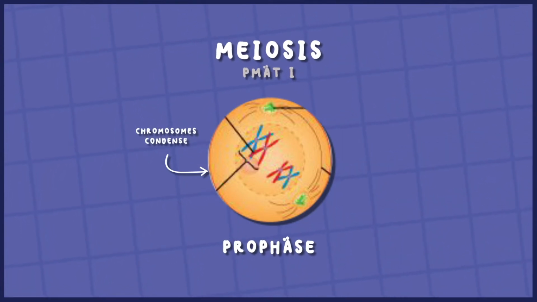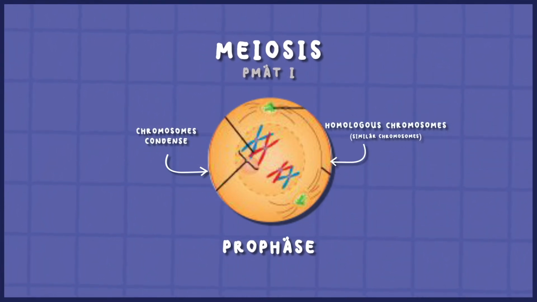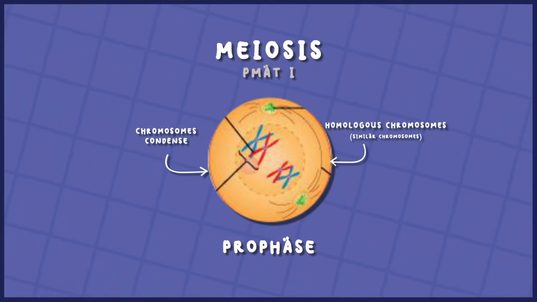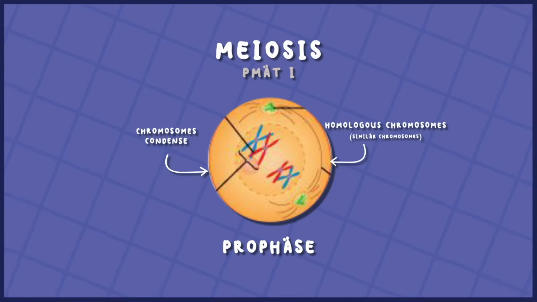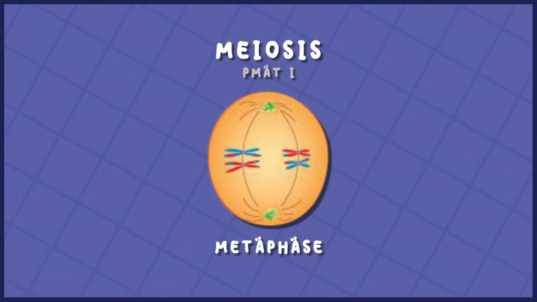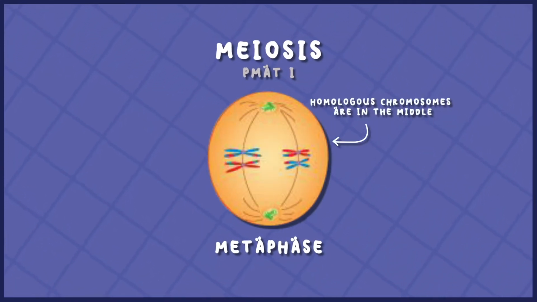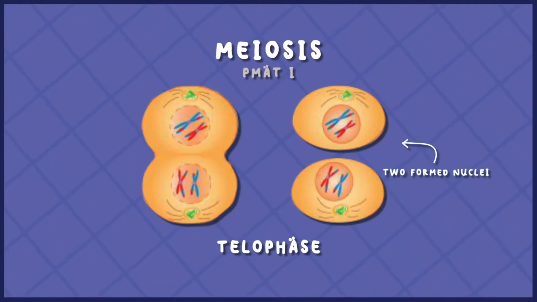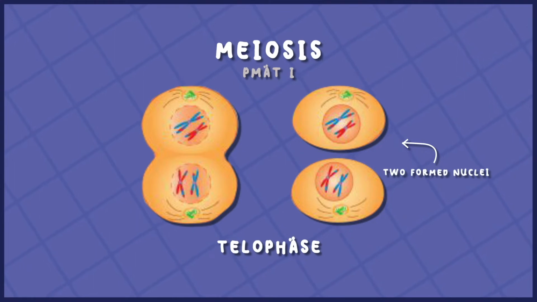However, chromosomes will line up with one similar to them called homologous chromosomes and cross genetic info with each other. From there, the rest of phase 1 is very similar to mitosis, as you have the chromosomes in the middle in metaphase 1, the pulling away in anaphase 1, and the 2 formed nuclei in telophase 1.